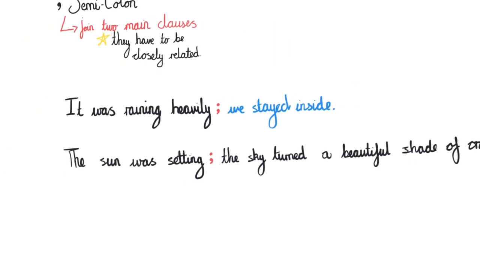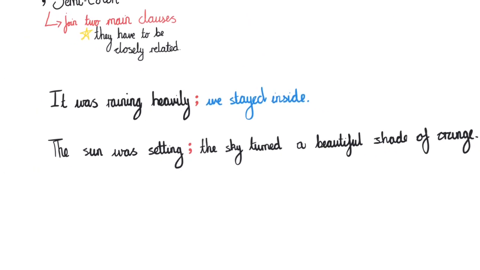Because I'm still talking about the sky. I'm talking about the fact that the sun was setting, and because it was setting, it had turned a beautiful shade of orange. If I didn't want to use a semicolon, I could use a coordinating conjunction such as and, that would make perfect sense. But in this case, I've chosen to use a semicolon.